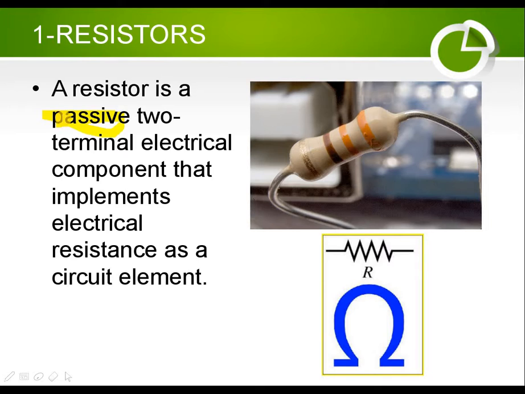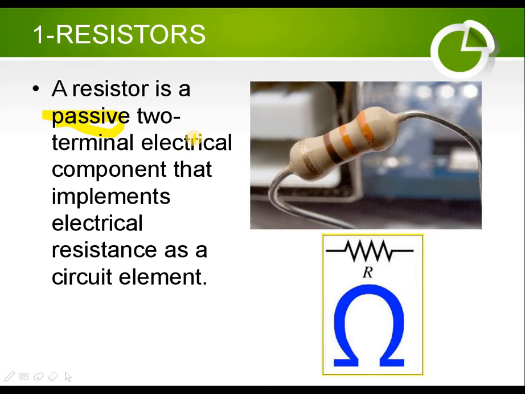Active components are those which energize the circuits, for example a battery, while passive components are those which absorb the energy, like a resistance, which takes the energy.